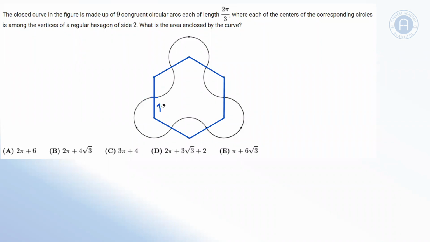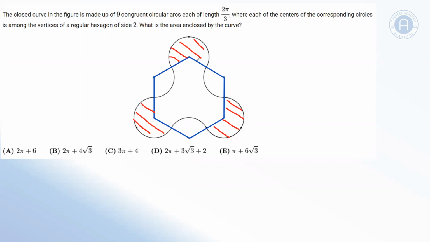So if we want to work out the area enclosed by this curve, the way we're going to break that down is into 2 sections. Firstly, we're going to look at the area enclosed by our curve outside of the hexagon, and then we will look at the area enclosed by the curve inside of the hexagon. Starting off, we have 2/3 of a circle here.